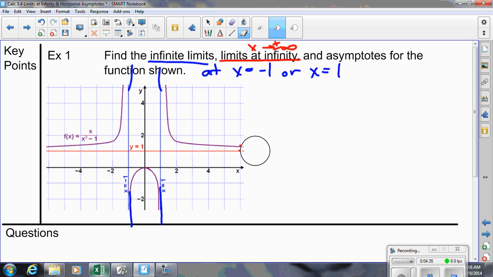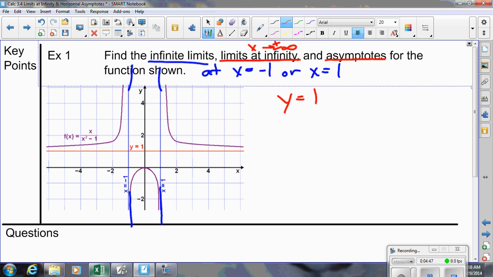So we could say the limit as x approaches infinity is going toward y equals 1. You'll note that's the horizontal asymptote. And the values we had before were the vertical asymptotes.